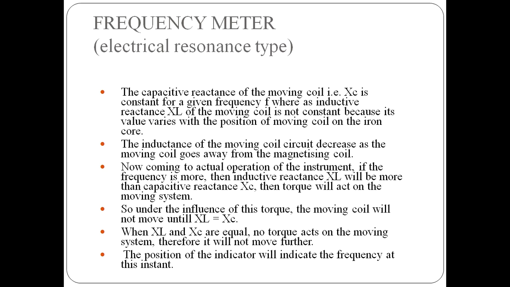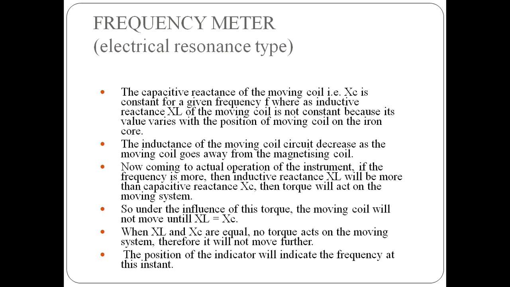Now, coming to the actual operation of the instrument, if the frequency is more, then the inductive reactance XL will be more than the capacitive reactance XC. Then torque will act on the moving system, so under the influence of the torque the moving coil will move until XL equals XC.